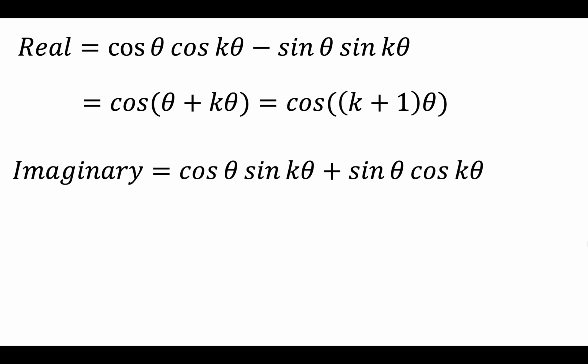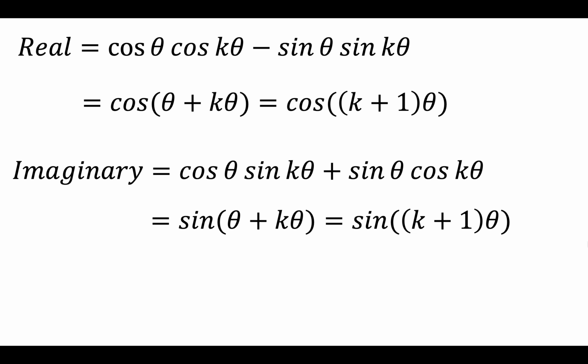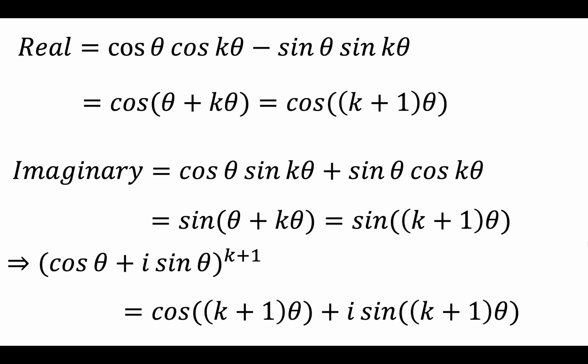So this becomes cos of theta plus k theta, or cos of k plus 1 times theta. And the imaginary component we can recognize as the compound angle formula for sine. And so this just becomes sine of theta plus k theta, or sine of k plus 1 times theta.